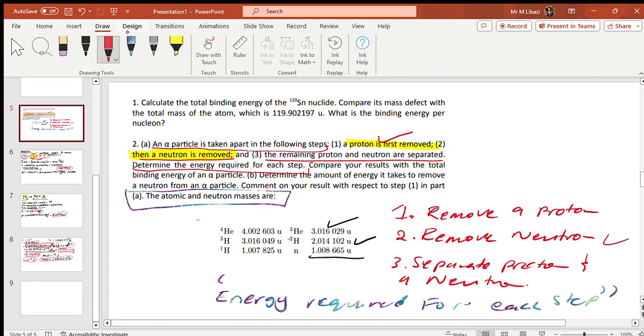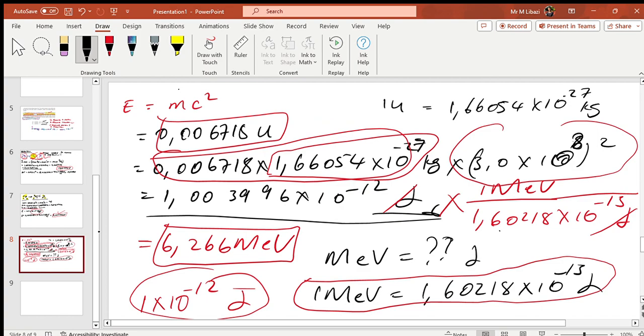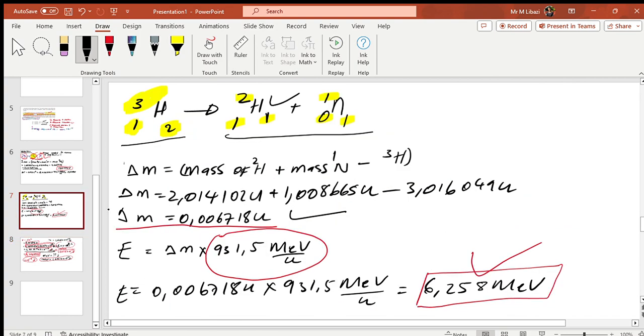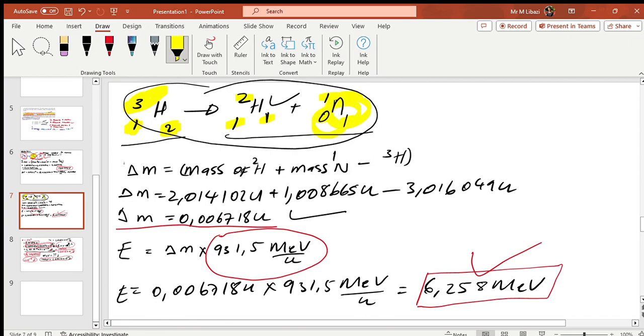Remember, after removing this using this equation, we removed this guy, so we are then left with this guy here.